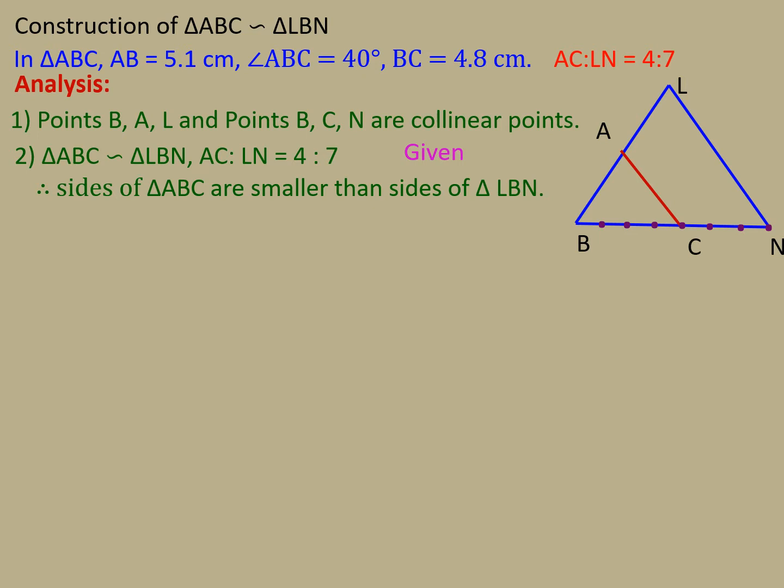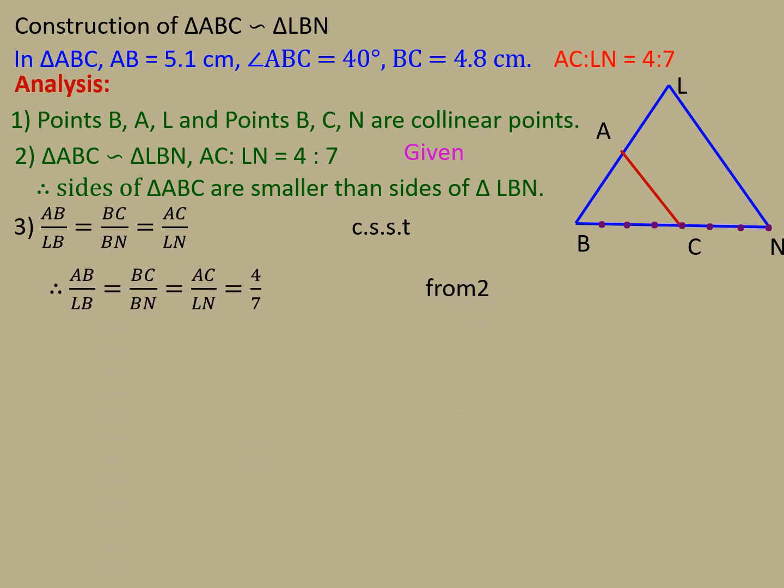As you know, once triangle ABC is similar to triangle LBN and the ratio is given, we can say that the sides of triangle ABC are smaller than the sides of triangle LBN. Now once the triangles are similar, we get AB upon LB equals BC upon BN equals AC upon LN, corresponding sides of similar triangles.